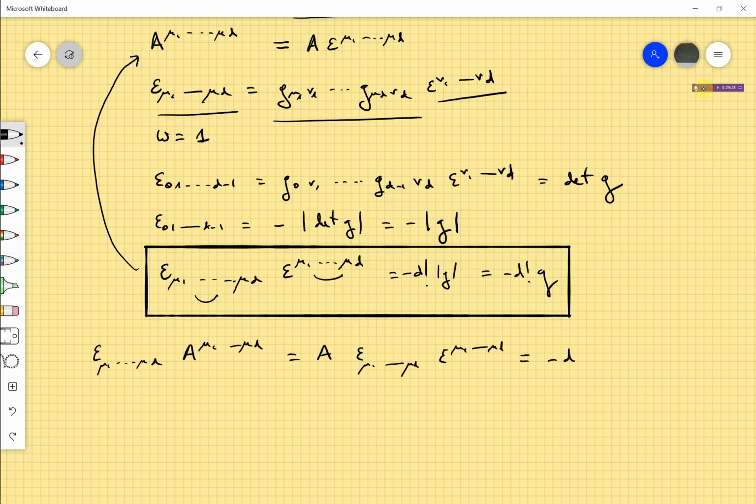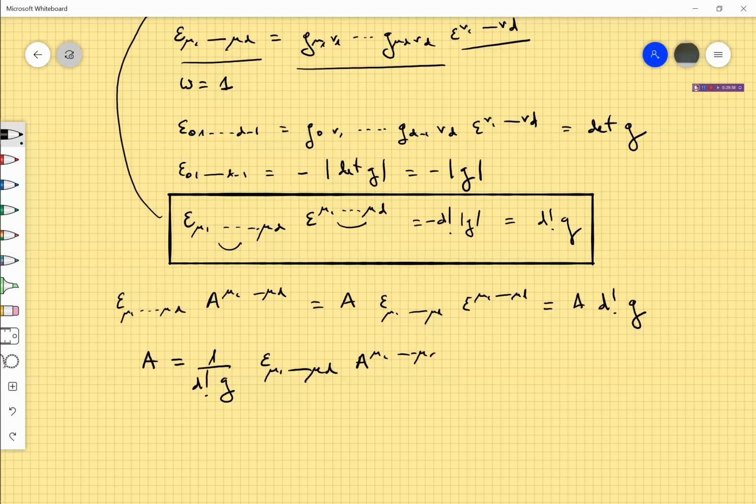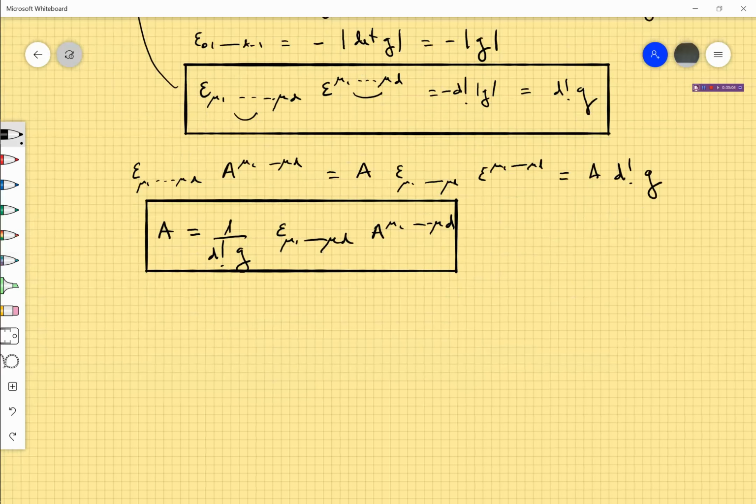So this is minus d factorial g. So this is how I find this factor a, by contracting with epsilon with the indices down.